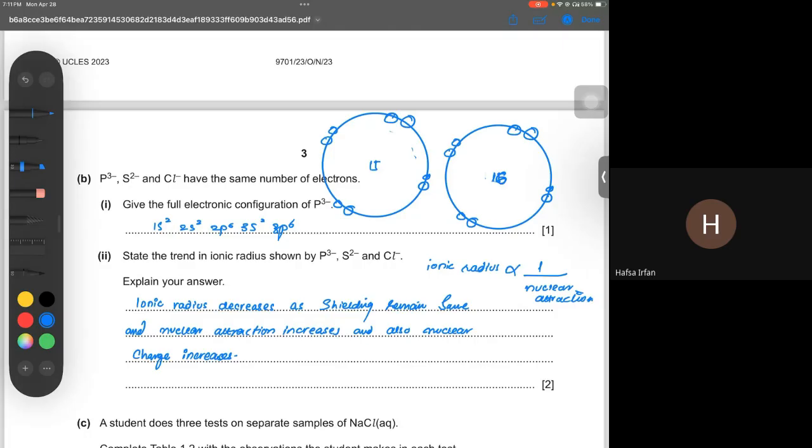The nuclear attraction for sulfur is higher because sulfur has more protons. Due to the greater nuclear attraction, the electrons come towards the nucleus, which lowers the ionic radius. That's why I have written that the nuclear attraction increases. Due to the increase in nuclear attraction and nuclear charge, overall the ionic radius is going to decrease.